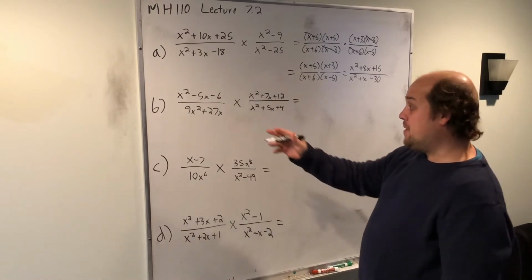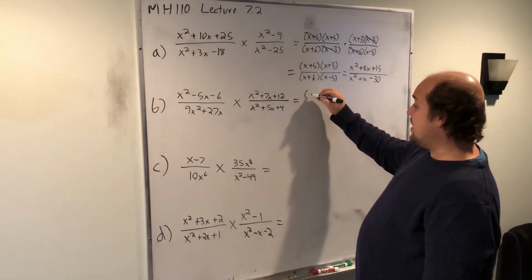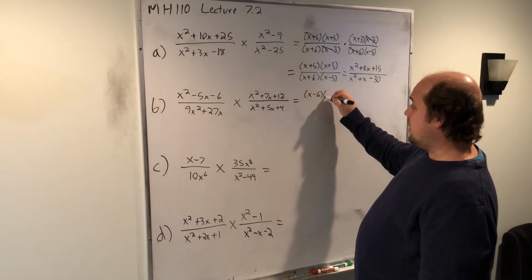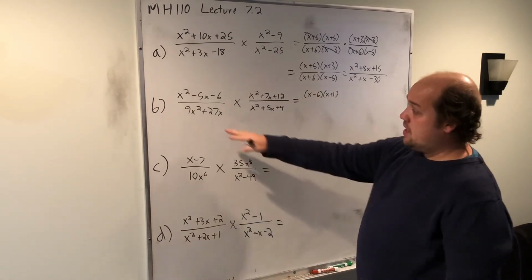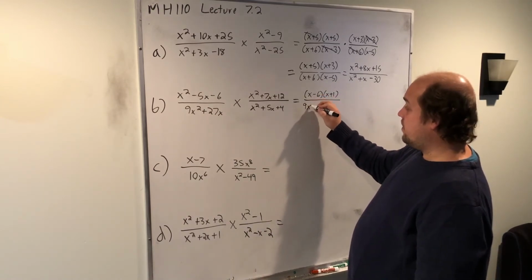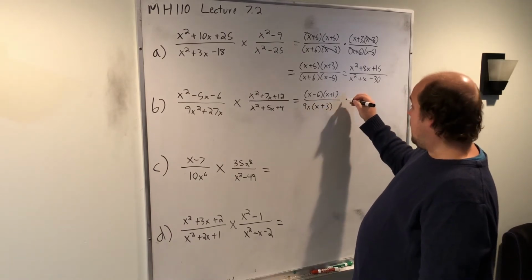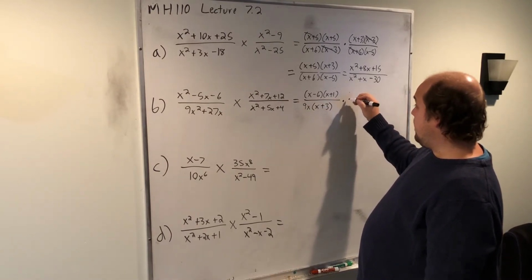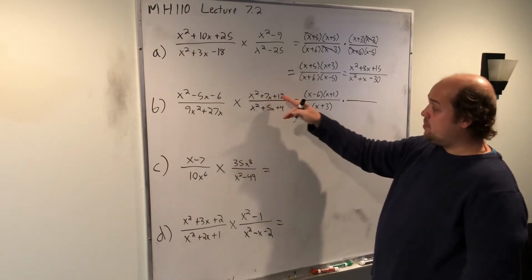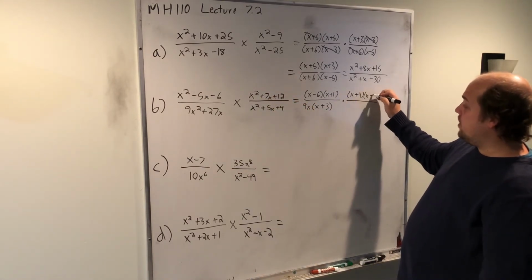So for part B here, x squared minus 5x minus 6, I can factor into x minus 6, x plus 1. 9x squared plus 27x, I can take a 9x out of. That's going to leave me with x plus 3. I'm then multiplying that by, on top of the fraction, x squared plus 7x plus 12 becomes x plus 4, x plus 3.